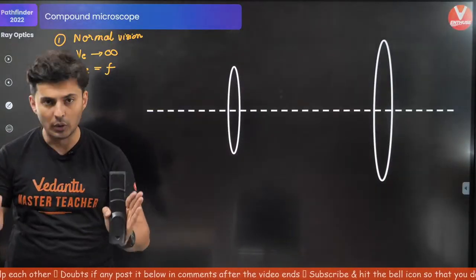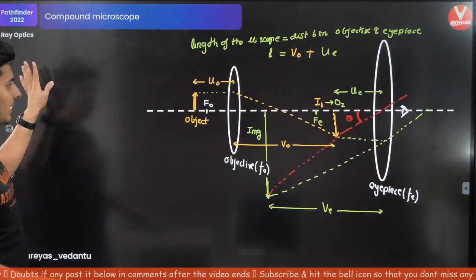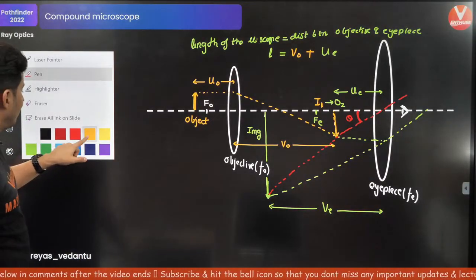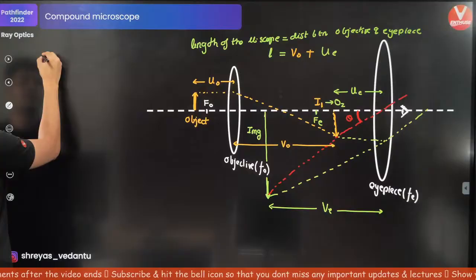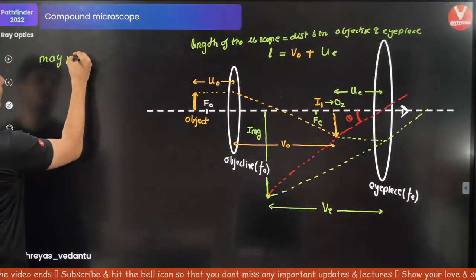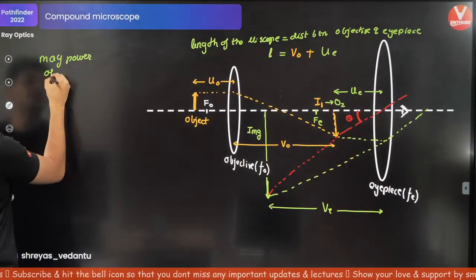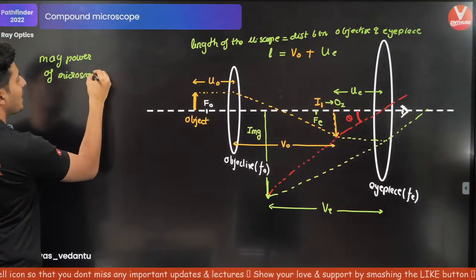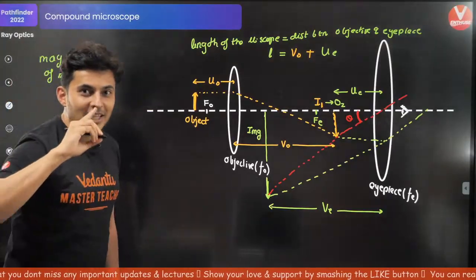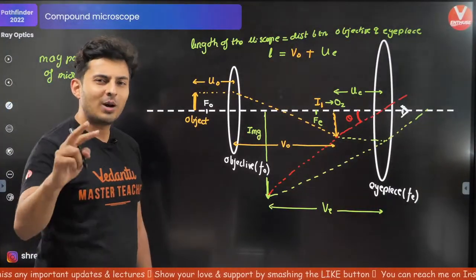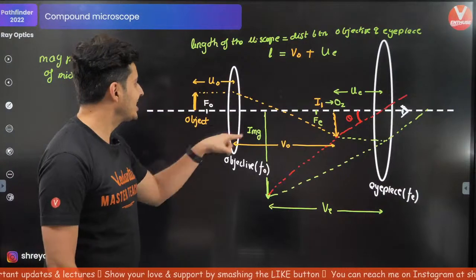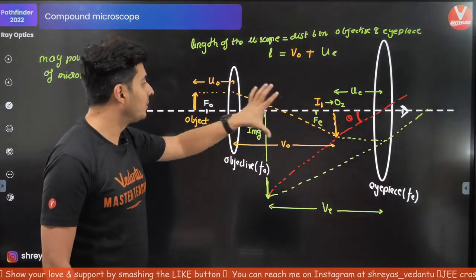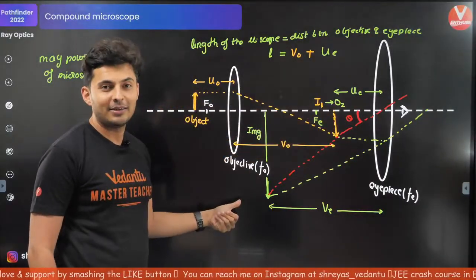Fair enough? Good. Now, coming back over here, the magnifying power, very, very important. The magnifying power of a microscope will be a product of two things. Why will there be a product of two things? Because this lens is already magnifying this object and then it is getting magnified here.